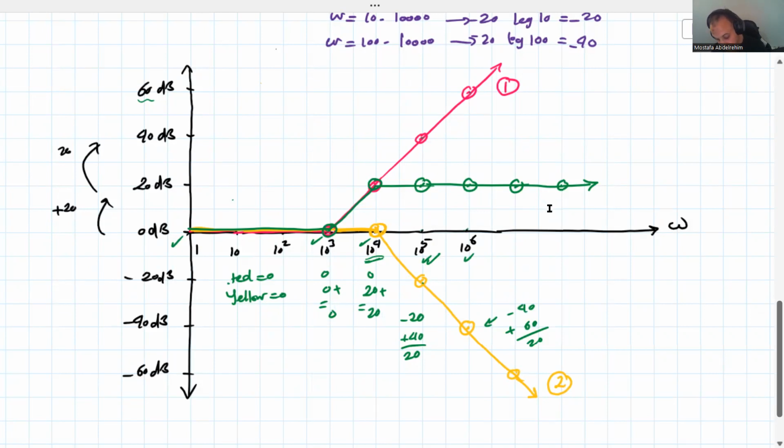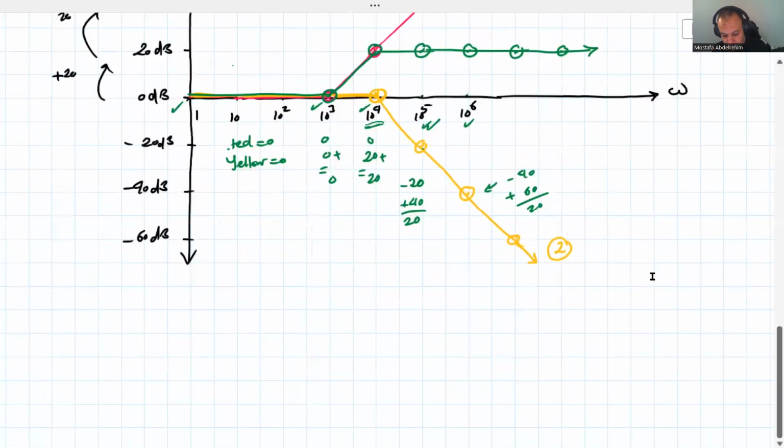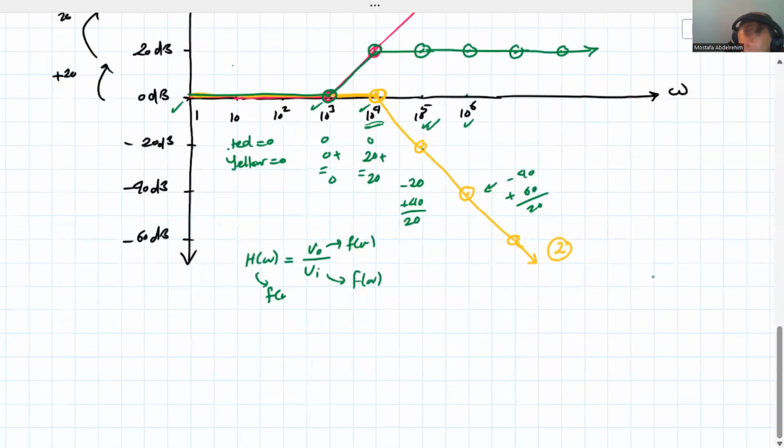Okay? Let's review what that means. Again, remember that H of omega can be, for example, V output over V input. And all of these are functions of omega, the frequency, and change with the frequency. From that equation, V output is equal to H of omega multiplied by V input.